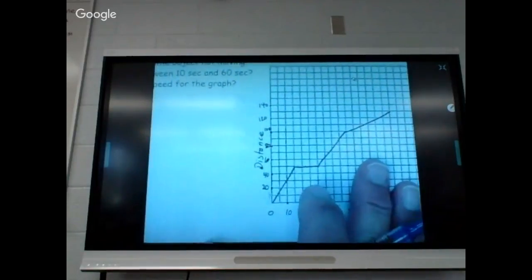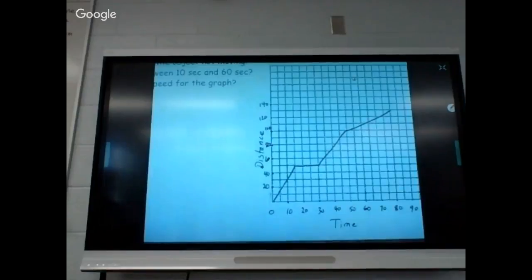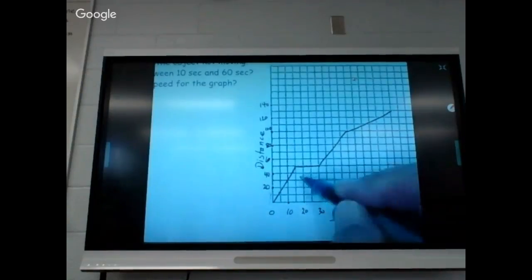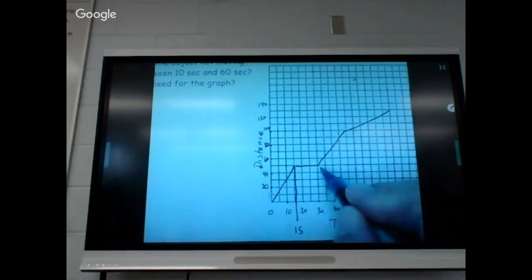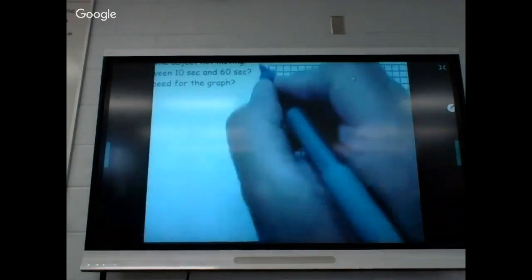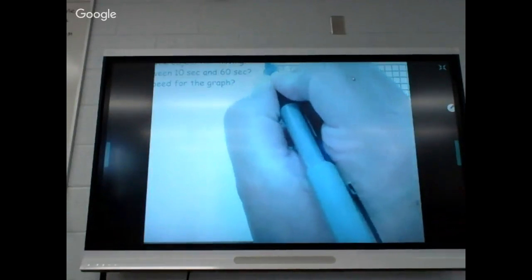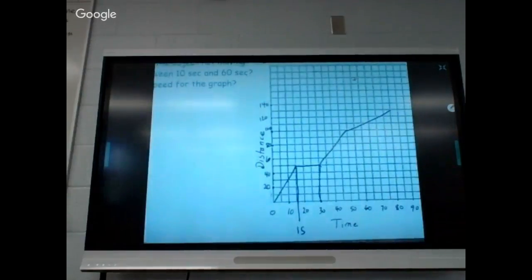All right, so question number 6 says, where on the graph is the object not moving? 15 to 30. All right, so 15 to 30. So here, yep, I agree that's 15. Yes, so not moving is 15. Oh, you can't read that. So yes, it's a 30.